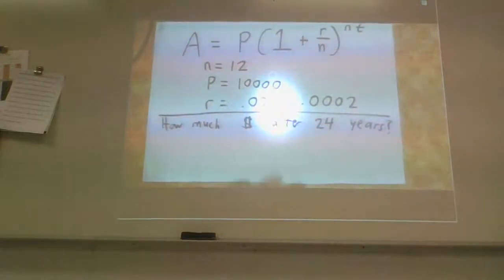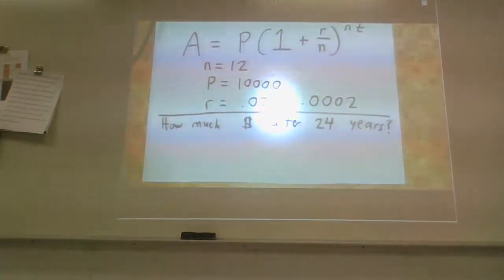So the idea is that your parents, let's say, get $10,000. They go to TD Bank. They put the money into a savings account for you at 0.02% interest, and they're like, this is going to be a good thing. We compound monthly. We're going to leave it there for 24 years. Hopefully by 24 years, they will have graduated high school and college and whatever.